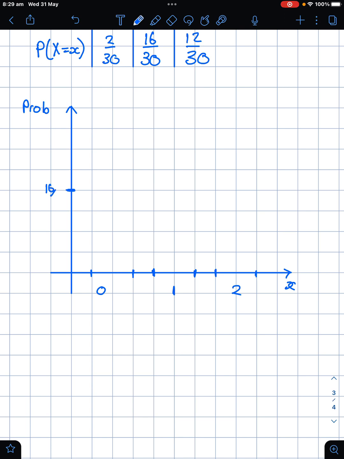So if that's 16 over 30, this here is 8 over 30. This here would be 4 over 30. And this is how we can break these up. So 0 was 2. So straight in the middle here, we've got, that's our 2 over 30. Our next one here is 16 over 30. So it's going to go up to there.